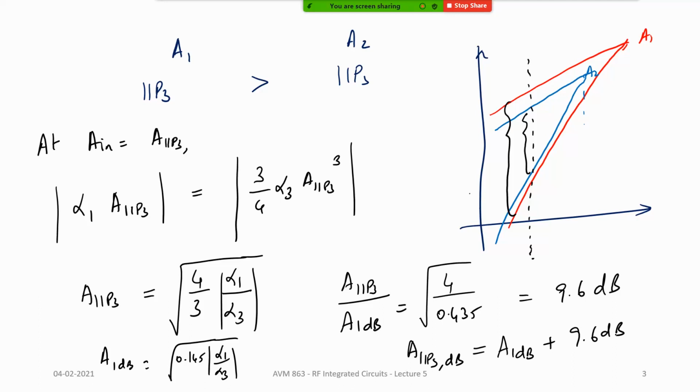All right. Now the other thing is, let's say you are measuring an amplifier in the lab. You have a signal generator and a spectrum analyzer, or these measurements can also be done using a vector network analyzer.